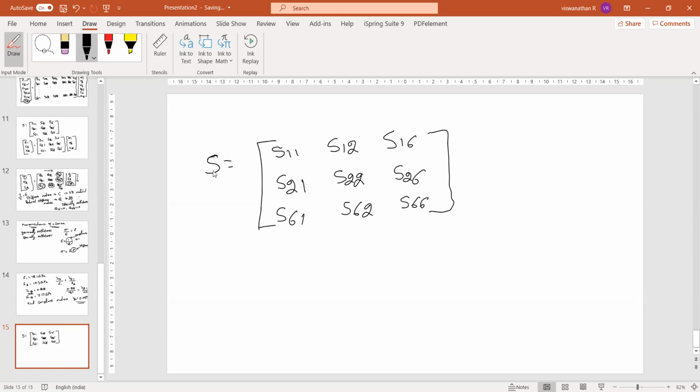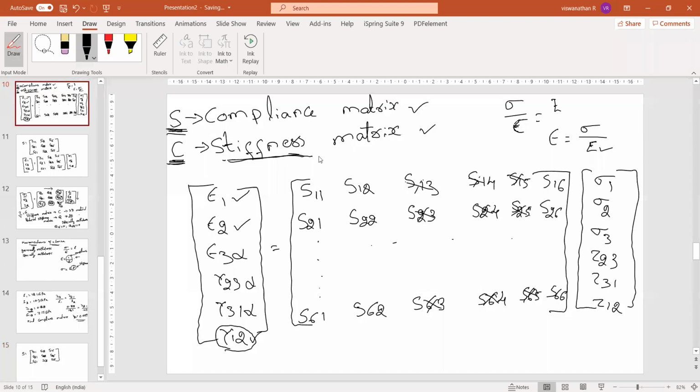If you look at the three-dimensional matrix, gamma 12 is in the bottom, in the last row, the 6th row. That's why epsilon 3, gamma 23 and gamma 31 are zeros for a 2D lamina.